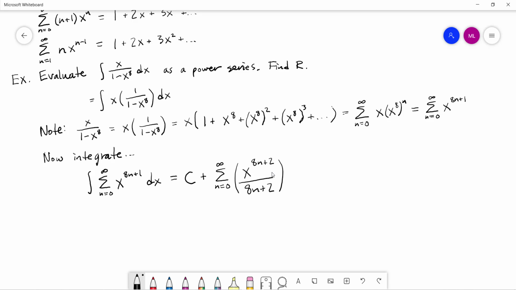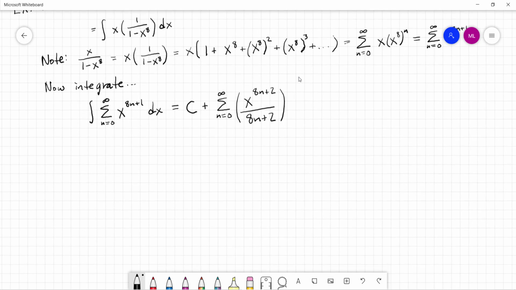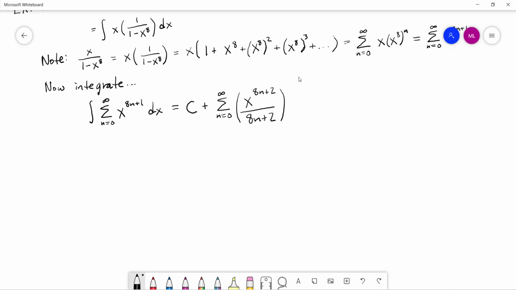I know the original function that we started with, 1 over 1 minus x, has a power series representation that only converges between -1 and 1. Basically, its radius of convergence is 1. It's centered at 0 with a radius of convergence of 1. So how is this one going to work?